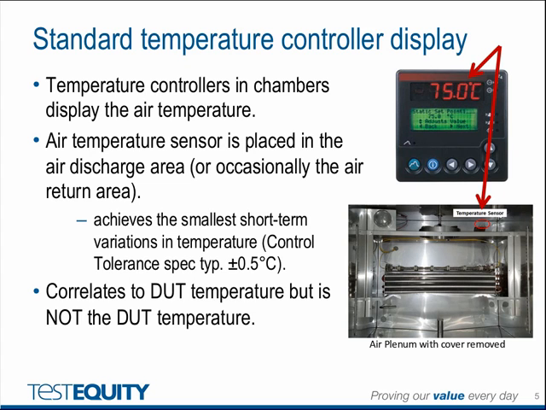The sensor needs to be located in this spot to achieve stable control of air temperature in the chamber. This relates to the spec called control tolerance, referring to the short-term variations measured at the control sensor after stabilization. The number you see for temperature is the value at the air sensor. This is not the DUT temperature. The air control sensor correlates to the DUT temperature, but it's not the DUT temperature.